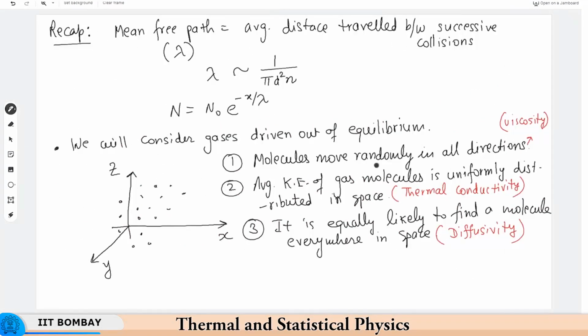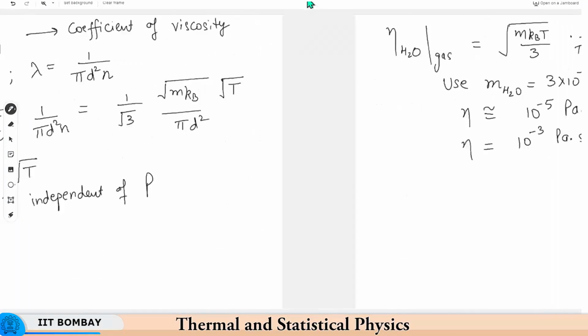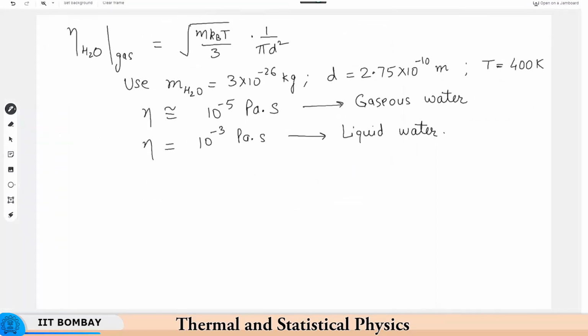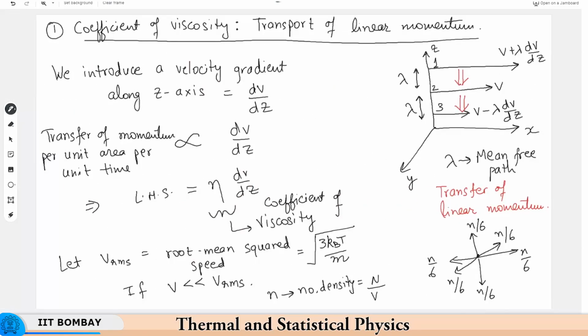That was the first thing we saw: molecules moving randomly in all directions, and if we break down that assumption, we get the coefficient of viscosity. Now let us see what happens if we have a temperature gradient in the system. So now we go to the second: the coefficient of thermal conductivity.